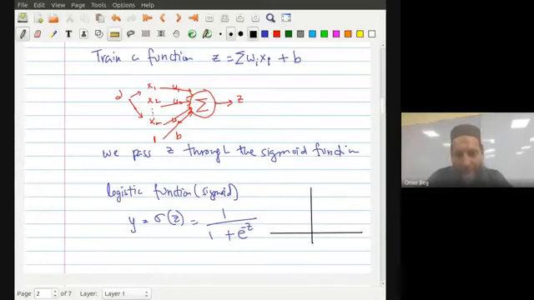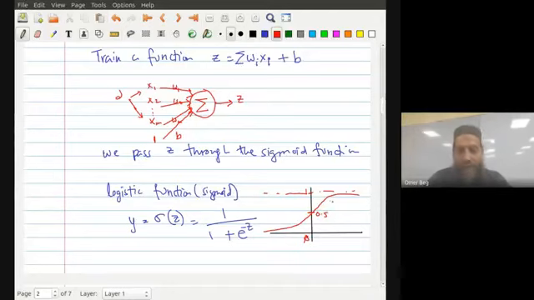You have the y-axis, and this is the 1, this is 0. The sigmoid function looks like an S. It never touches 0, never touches 1, and crosses the y-axis at 0.5.